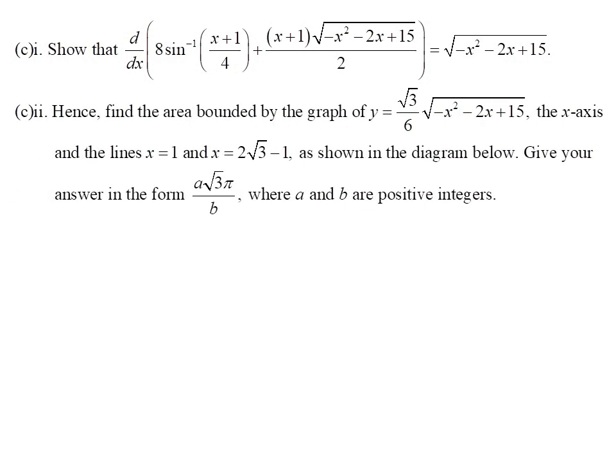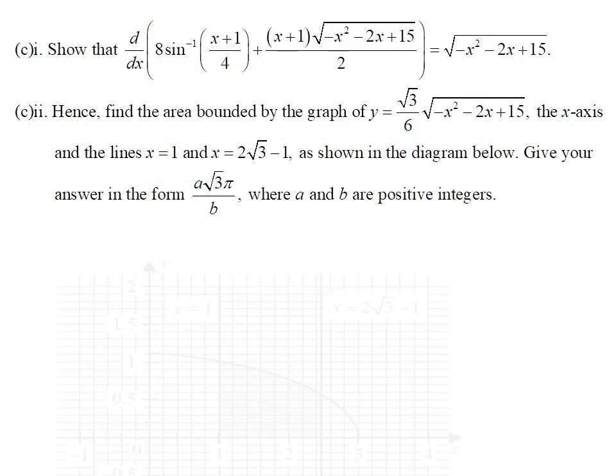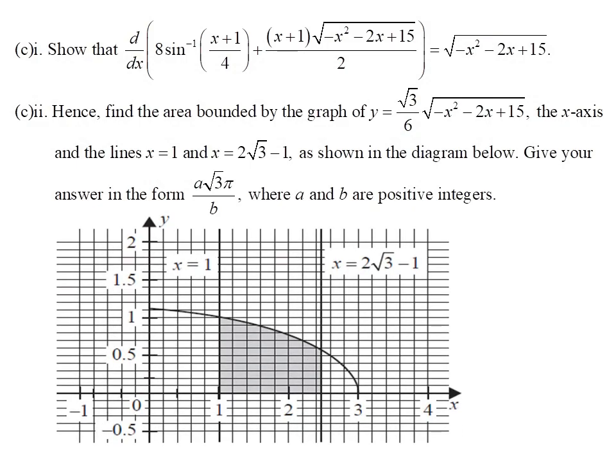Based on the result of section 1, section 2 is to find the area bounded by the function root 3 over 6 multiplied by the square root of negative x² minus 2x plus 15, the x-axis and the lines x equals 1 and x equals 2 root 3 minus 1, as shown in the diagram. It is also required to give the answer in the form a root 3 pi over b, where both a and b are positive integers.